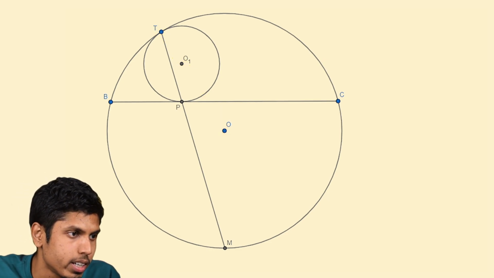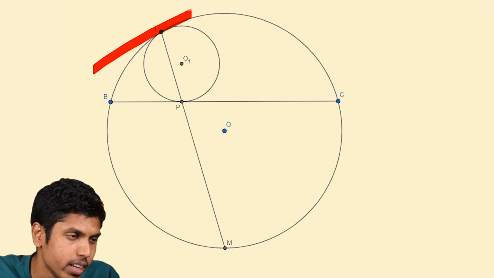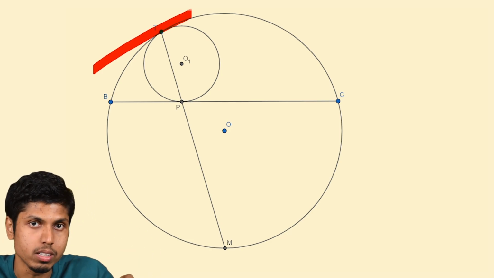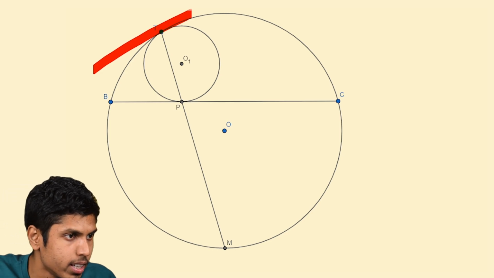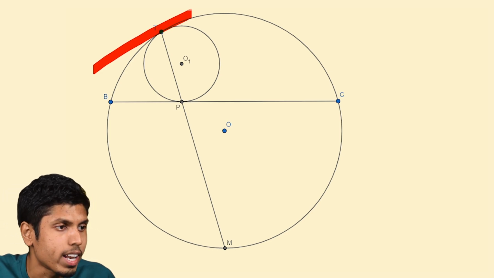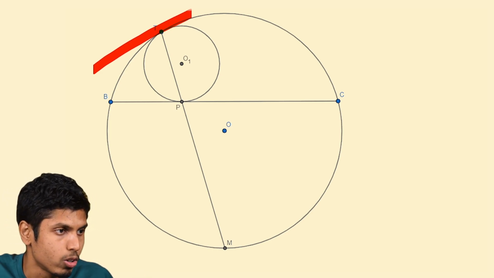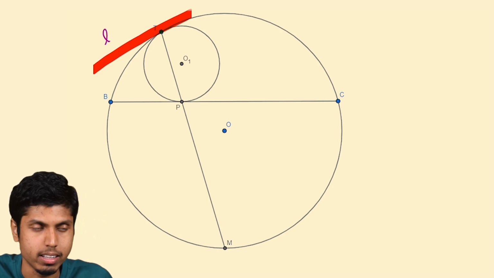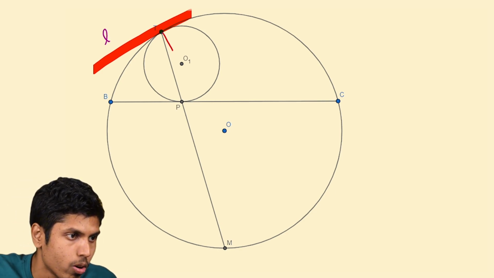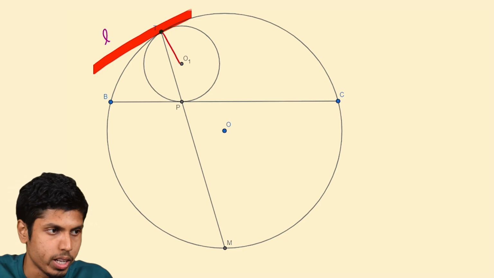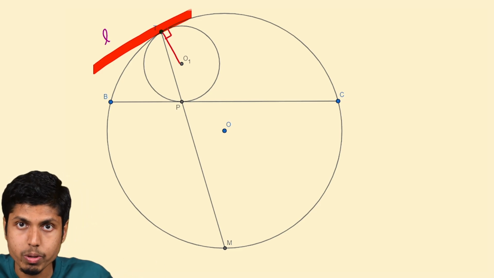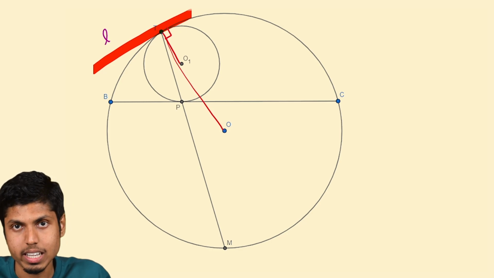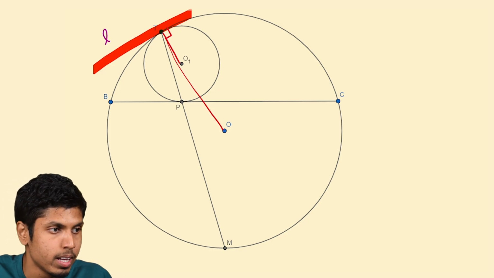Notice that the tangent at T to any one of these circles will also be tangent to the other circle. Thus, assume that it is drawn tangent to both these circles and let's call the line L, the tangent line. Now, O1T will be perpendicular to L. Similarly, OT will also be perpendicular to L because the angle made by a radius and the tangent will always be 90.